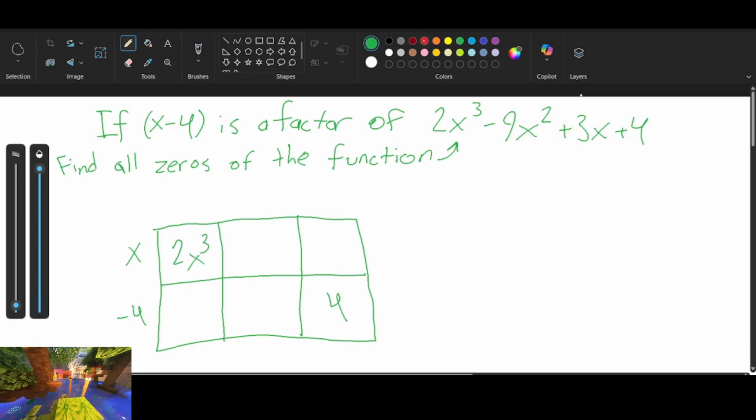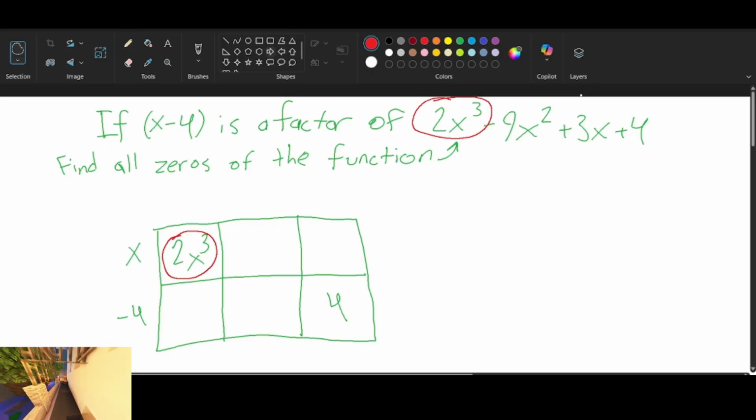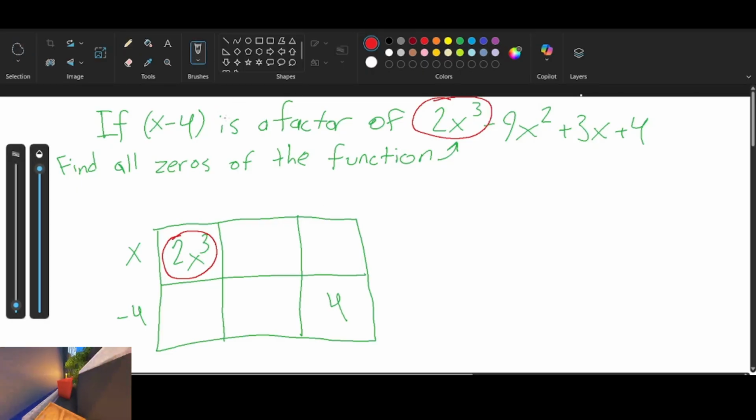I don't really have highlighters or anything, but this 2x cubed is directly from the function that we're given. And then we know that our diagonals, these two boxes, are going to add up to this negative 9x squared, right?